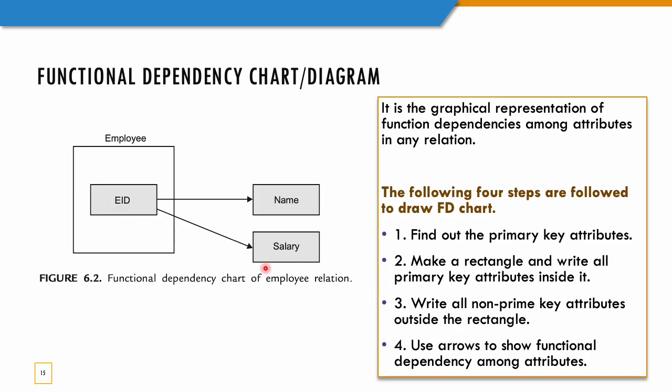After that, we draw a rectangle and write all the identified primary key attributes inside of it. This rectangle visually separates the primary key from the other attributes.